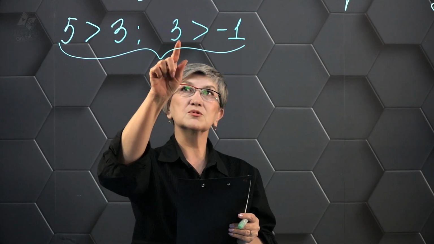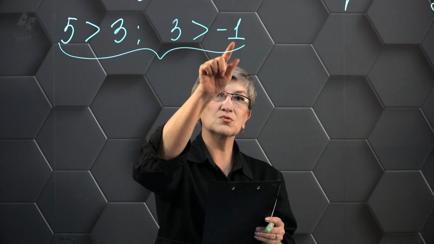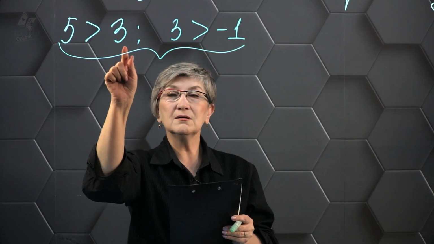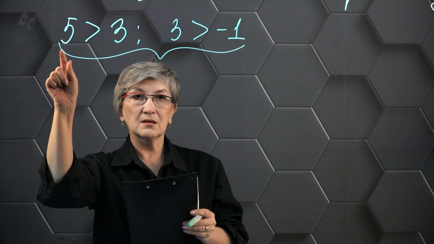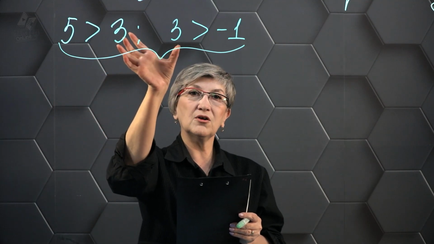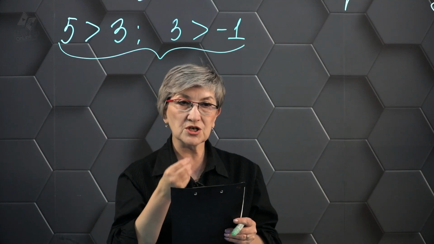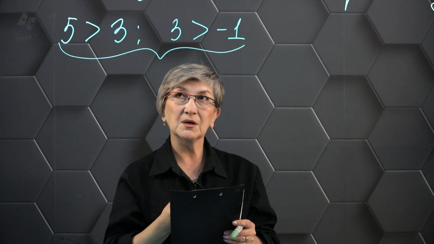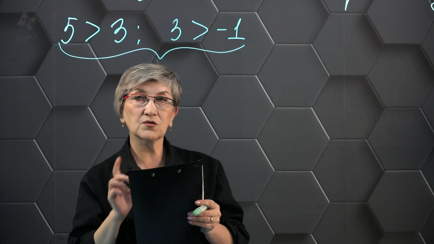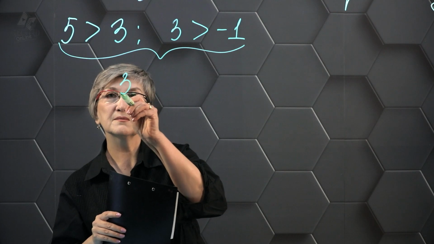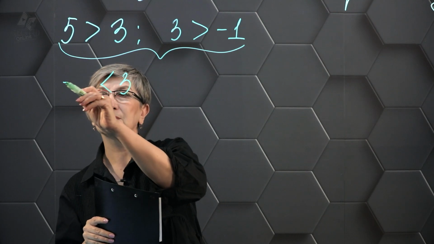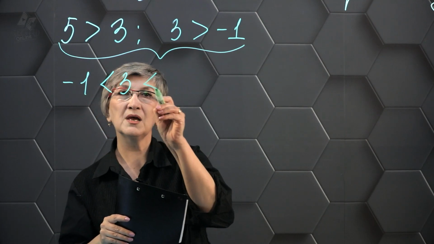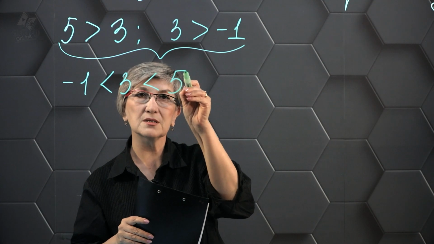The truth is that we assert 3 is greater than -1, and 3 is below 5. Thus, when I refer to the same number we are comparing, and comparing it with different symbols, we can write it like this. 3 is larger than -1, but smaller than the number 5.